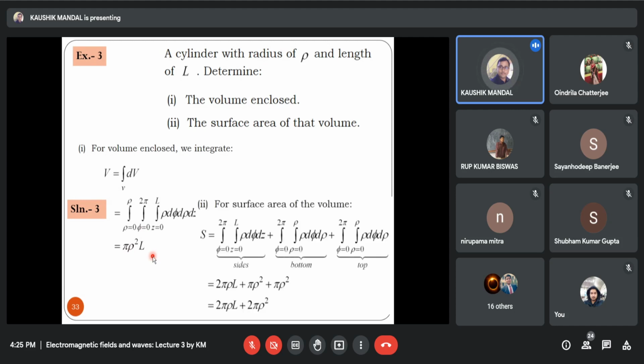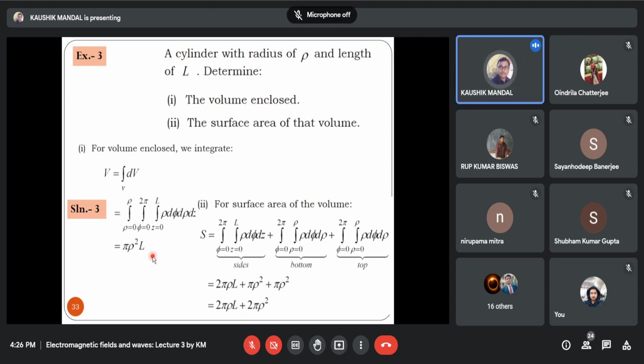Next, you have to find out the surface area of that volume. Surface area means, how many surfaces are there? For a cylinder, how many surfaces are there? 3 surfaces.